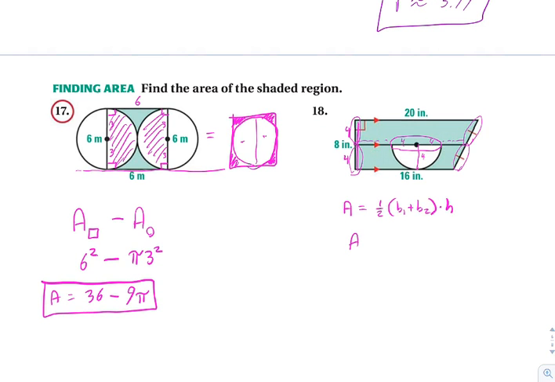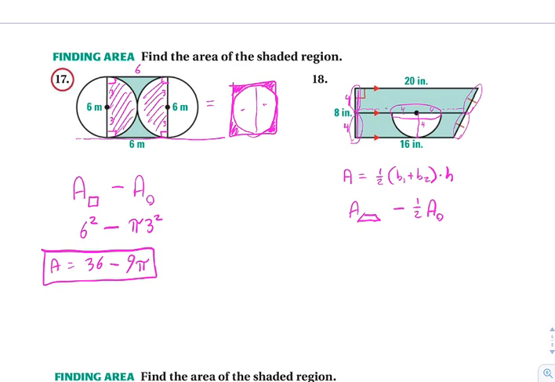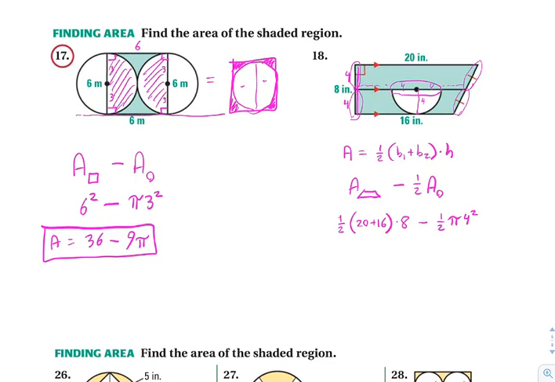So we've got the area of the trapezoid minus 1/2 the area of a circle. The area of the trapezoid is 1/2 base 1 plus base 2, in either order, times the height, and then minus 1/2 the area of that circle, pi 4 squared. So we've got 1/2 of 36 times 8 minus 1/2 of 16 pi.